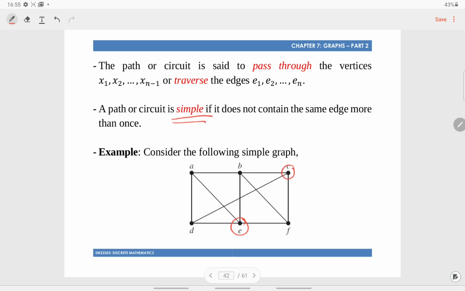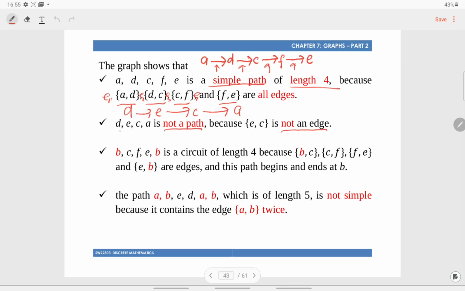There is no way we can move directly from E to C. There is no edge connecting E and C. So that's why we say D, E, C, A is not a path, because EC is not an edge.